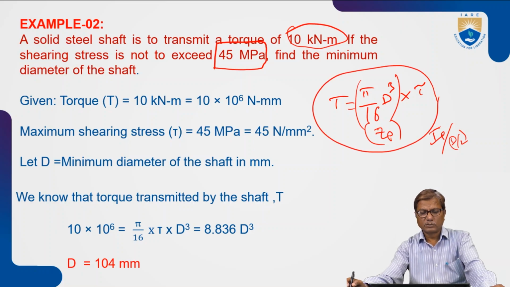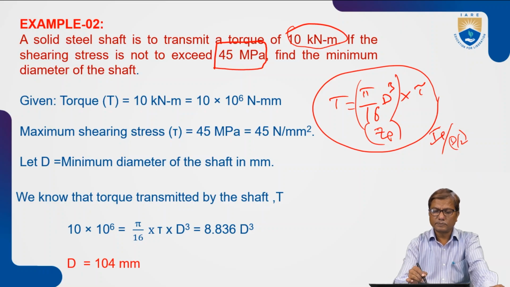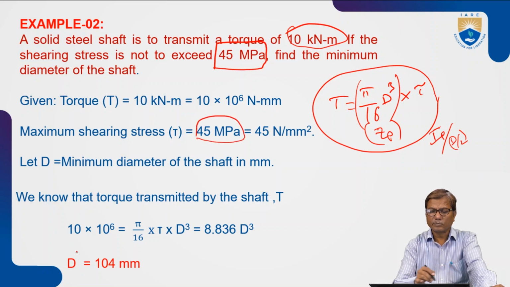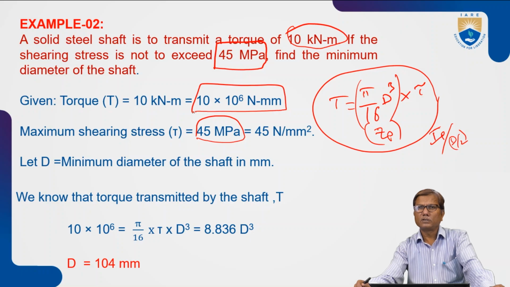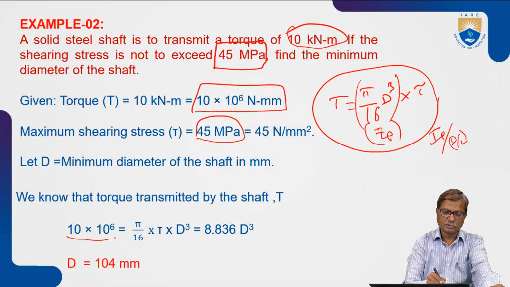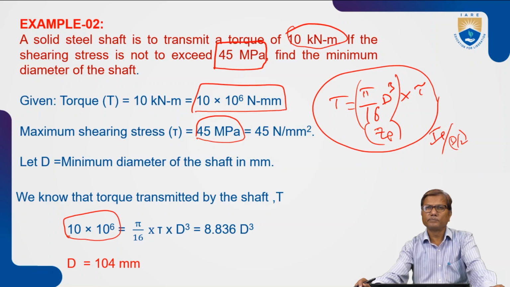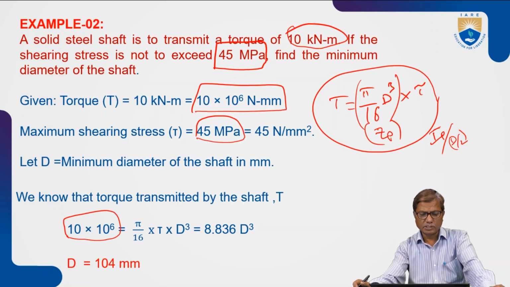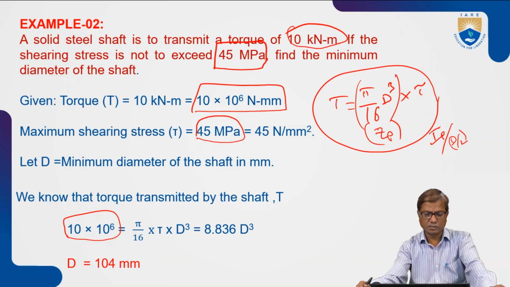By using this condition, here the torque is 10 kilonewton meters, converted into Newton millimeters. We have to be careful while substituting in the formula; we have to use the same units on either side.